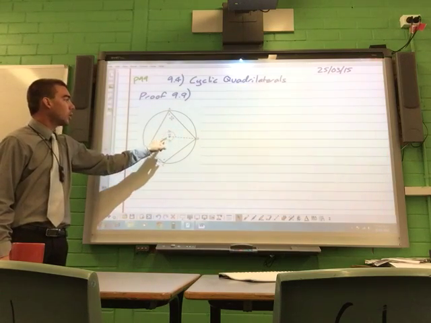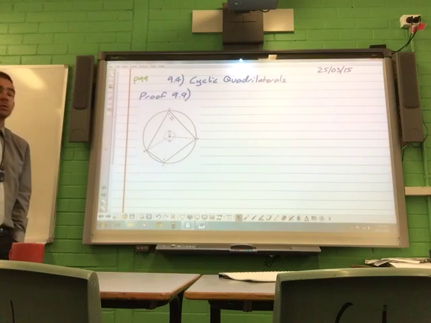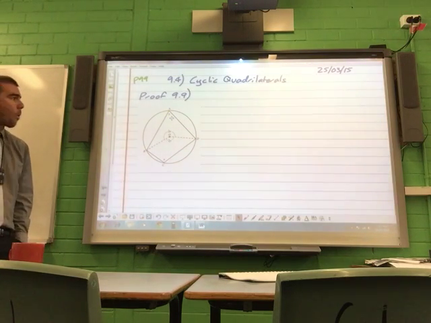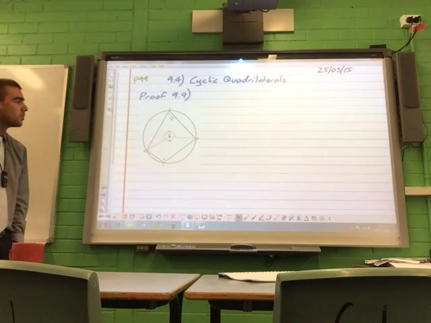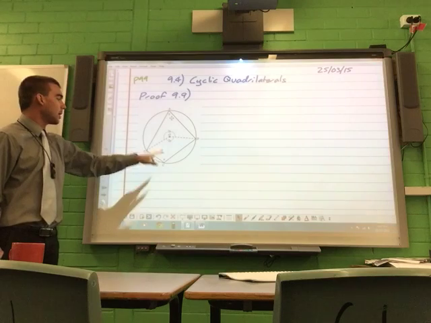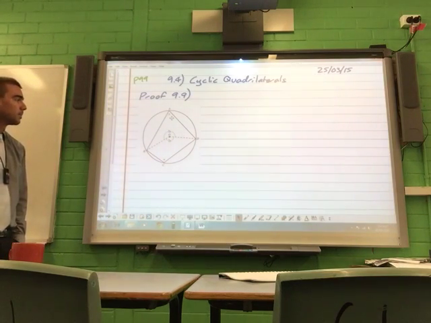The angle here 2y, we had the angle here of y. Remember, the angle at the centre is twice the angle at the circumference. So this is y, the angle at the centre will be 2y, and this is x, the angle at the centre will be 2x.